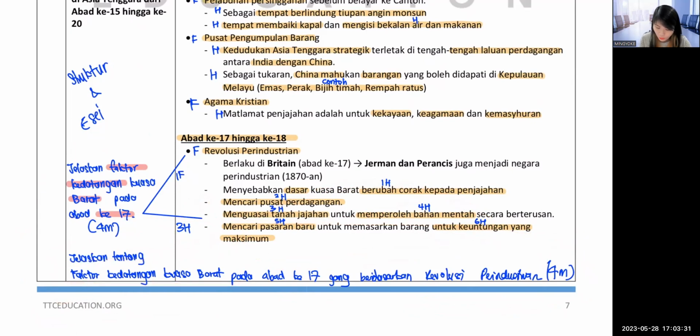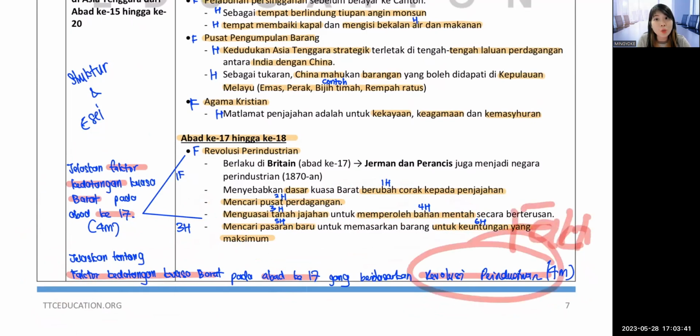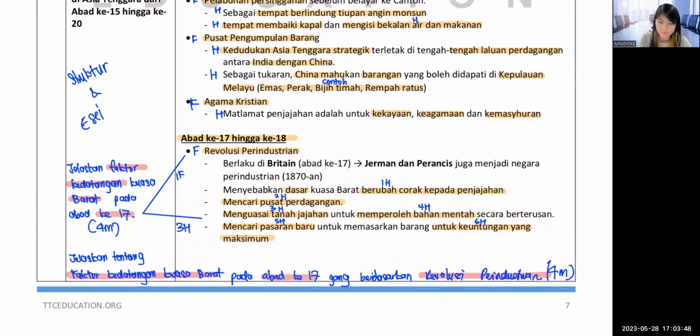You see, faktor kedatangan kuasa barat abad 17 and revolusi perindustrian. Oh, what do you mean by this? They already gave you the factor. If in exam you write back the factor, you won't get the 1 mark, because the soalan already gave you the answer for factor.